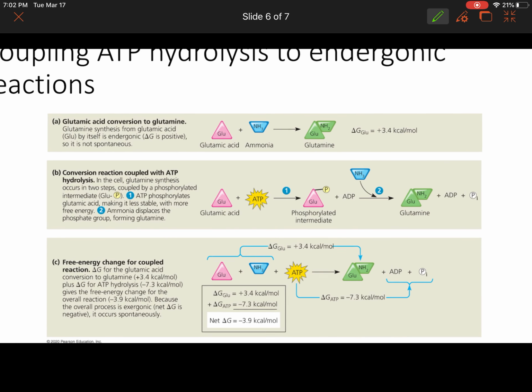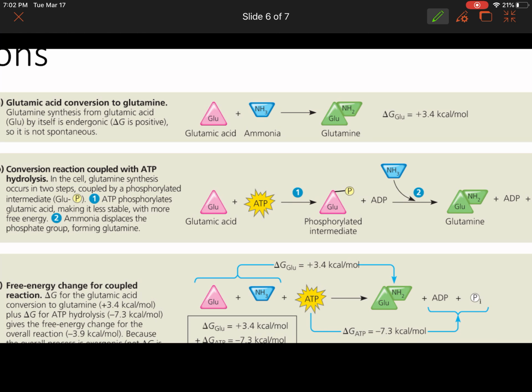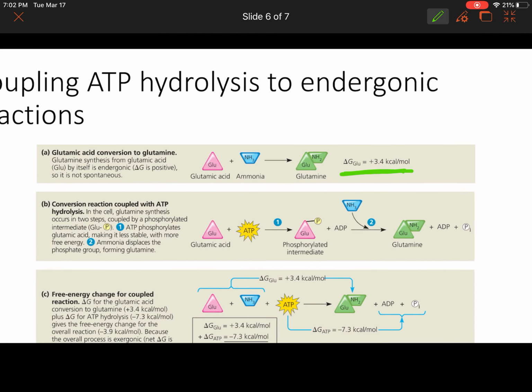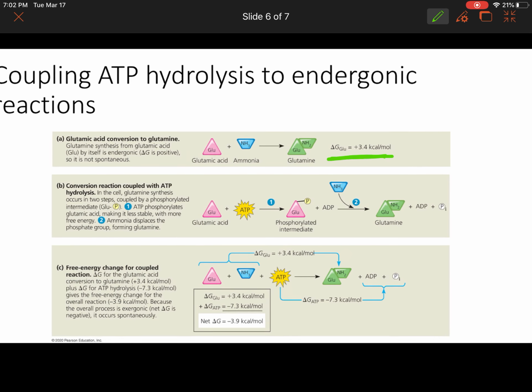All right, so for example, in order to take glutamic acid, which is an amino acid, plus ammonia to make glutamine, which is another amino acid, there's a delta G of a positive 3.4. That positive 3.4 tells us that the reaction is an endergonic reaction, which means we're going to have an input of energy to get that reaction to happen.